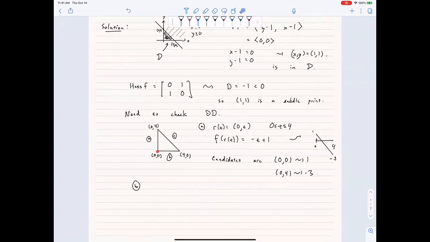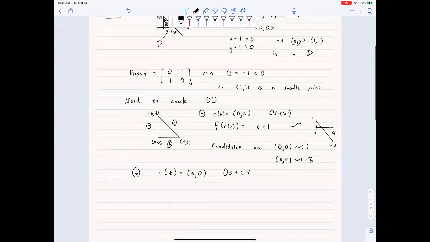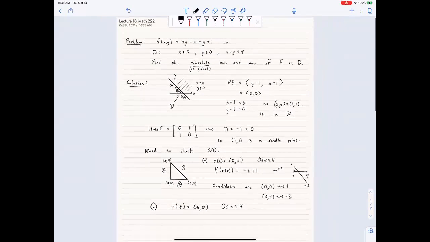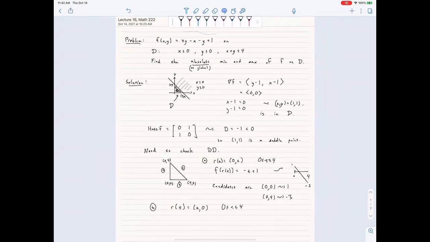Now we want to parametrize this edge, but we can do the same exact type of thing here. Instead of the y coordinate going from 0 to 4, we can take the x coordinate going from 0 to 4. And as you'll see, if you do that, you get precisely the same function, because there's a symmetry for this function in terms of x and y. Since I'm losing touch with my function, I'm going to bring it down here.